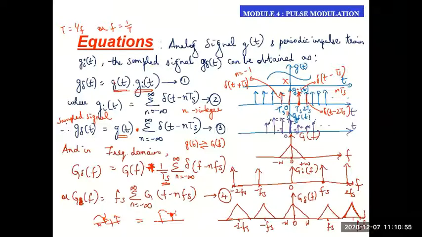So what is happening here? This G of F convolved with summation delta F minus nFs becomes G of F minus nFs. That's all. And this is one of the expressions for the frequency domain representation of an impulse train, or of a sampled signal, let me say.